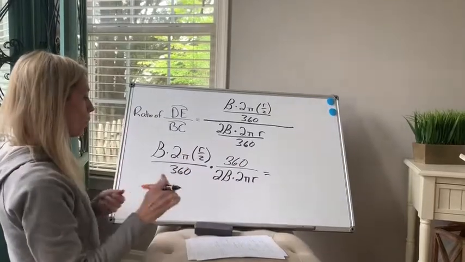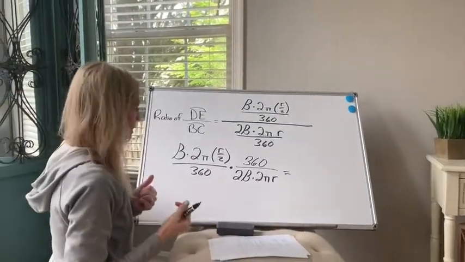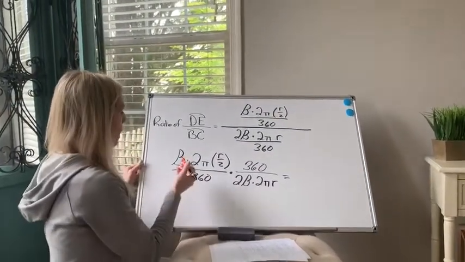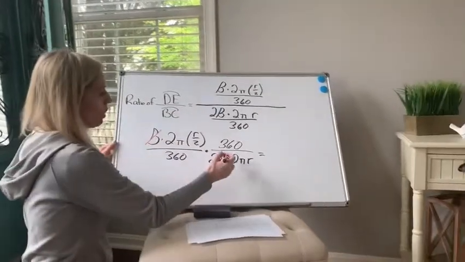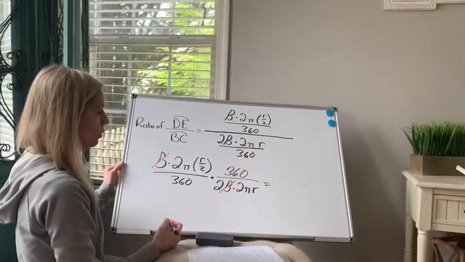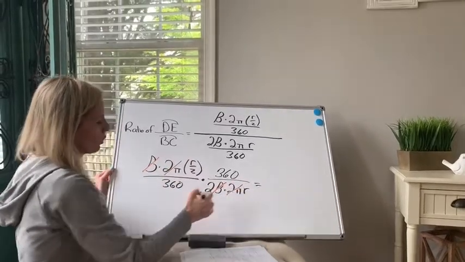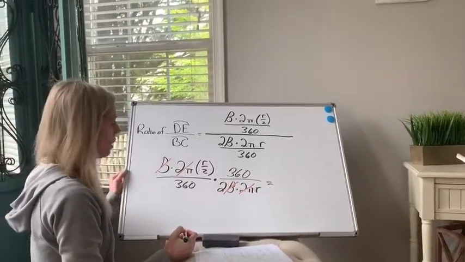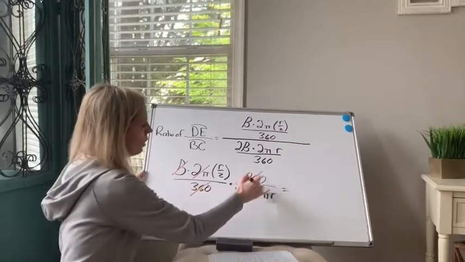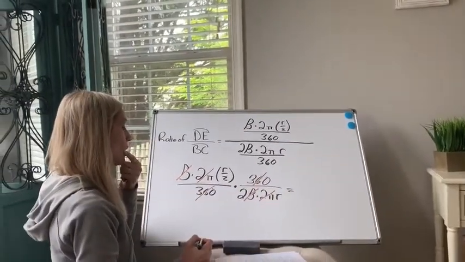All right, at this point what we want to do is just start canceling. So I see that I have 1 beta here and a beta there, so I'm going to cancel those. I also have 2 pi here, and I've got a 2 pi there, so that's gone. I have a 360 here and a 360 here, so that's gone.